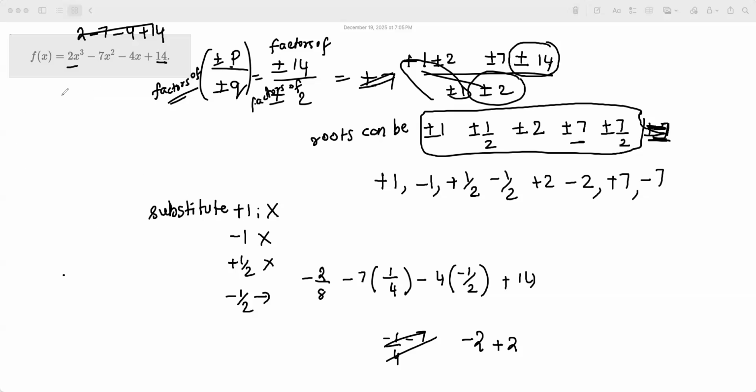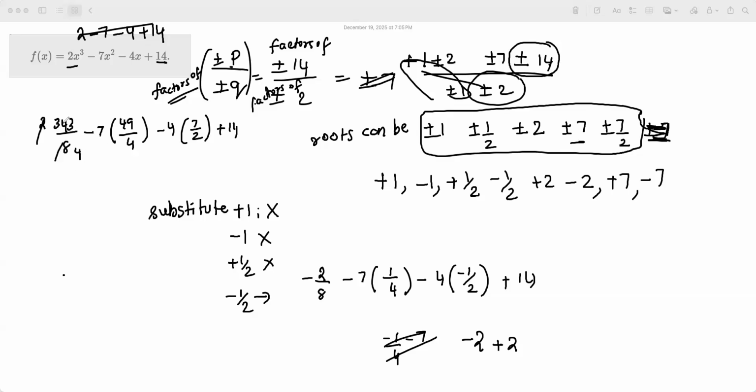Okay, let me try. I can try both if you want. 7 7s are 49. 49. 8 minus 7 by 49 by 4 minus 4 by 4.